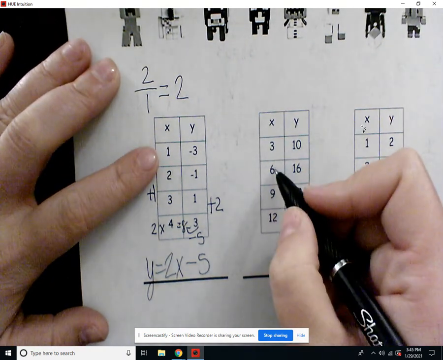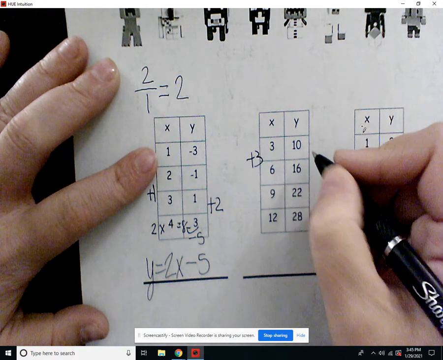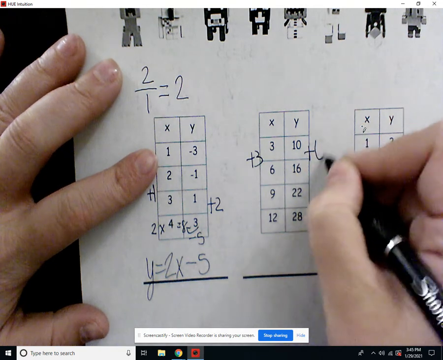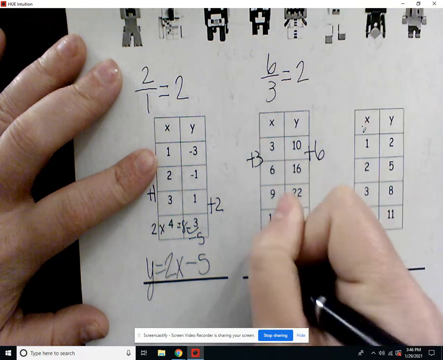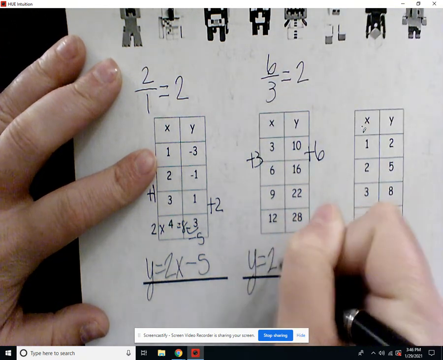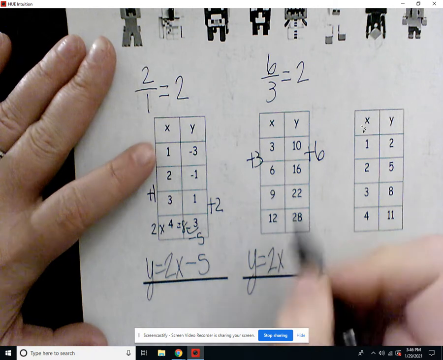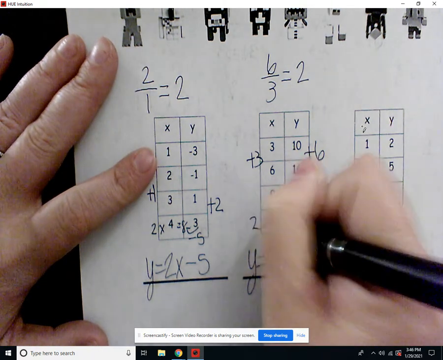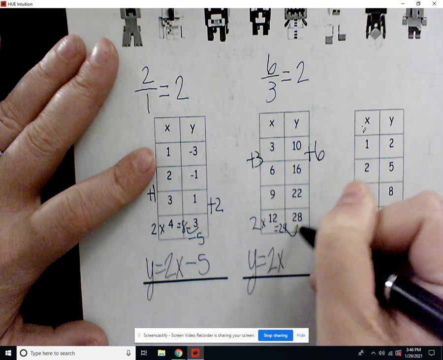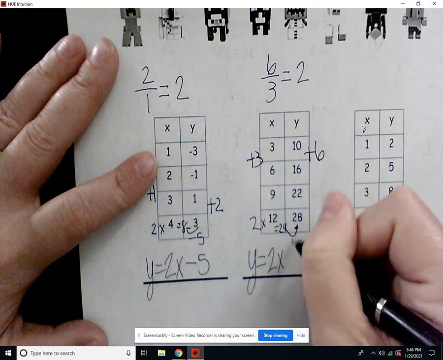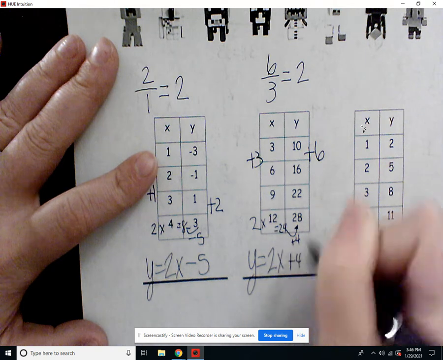Next one, we're adding by 3's on our x's. Y's, we're adding 6. So 6 over 3 is 2. We get y equals 2x. Again, you can pick any. I'm just going to pick the ones at the bottom. So 2 times 12 is 24. And how do I get from 24 to 28? Plus 4.